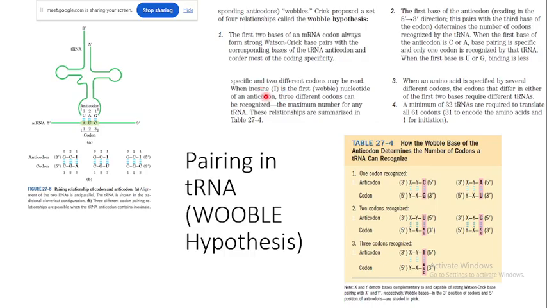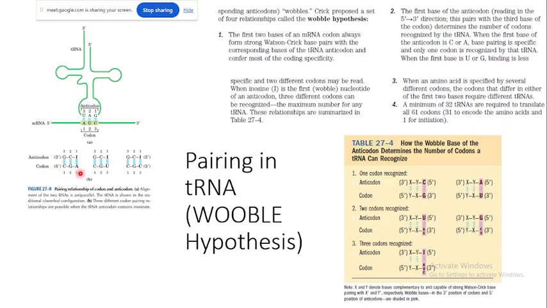Now, for example, here inosine is the first wobble nucleotide in the anticodon. If the codon is CGA, then the first two nucleotides, C and G in the codon, will base pair with positions 2 and 3 of the anticodon.